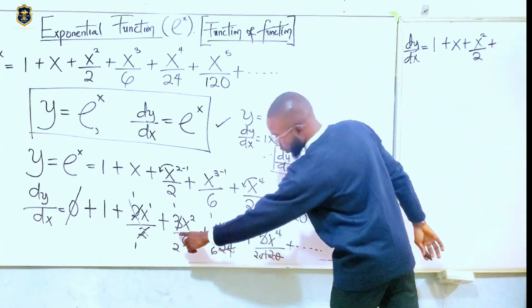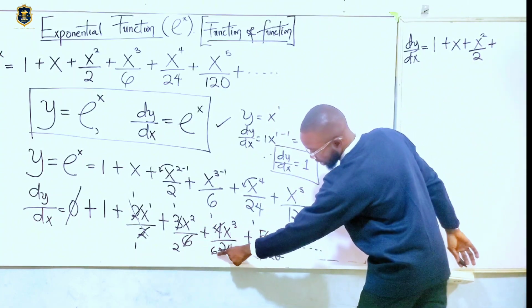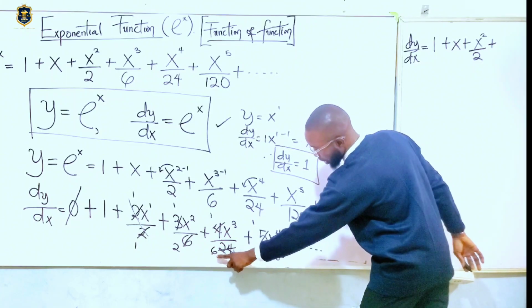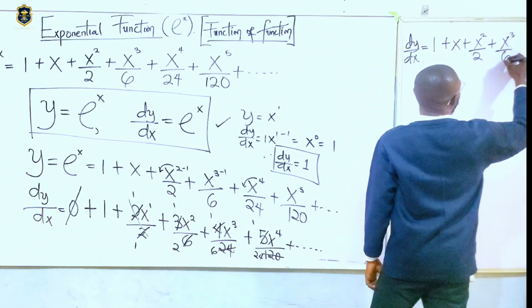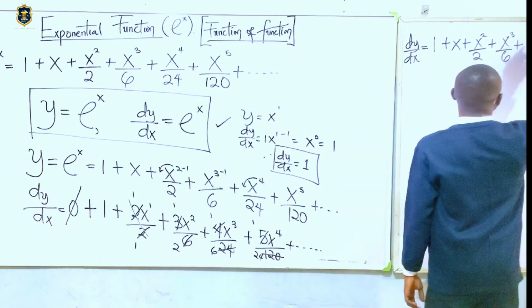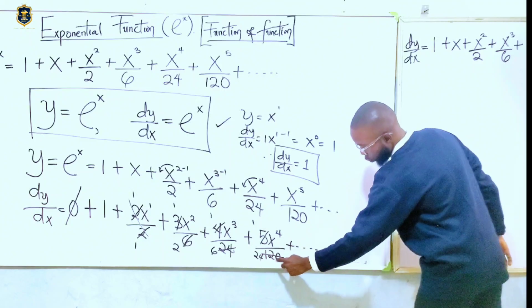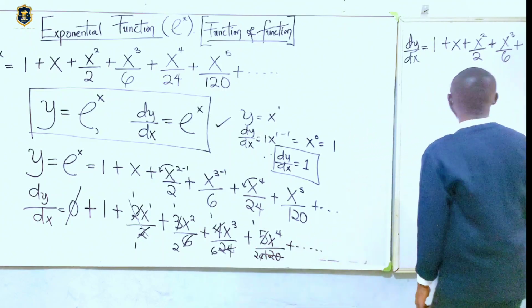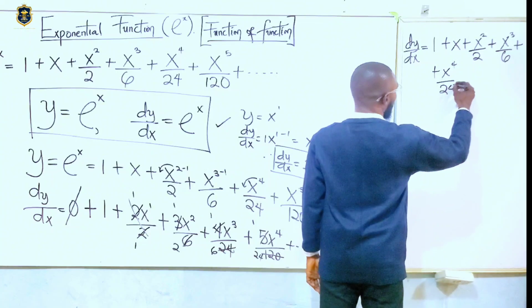Plus, if you check here, we have x raised to the power 3 over 6, after cancelling that. Plus, check now, we have x raised to the power 4 over 24 after dividing.